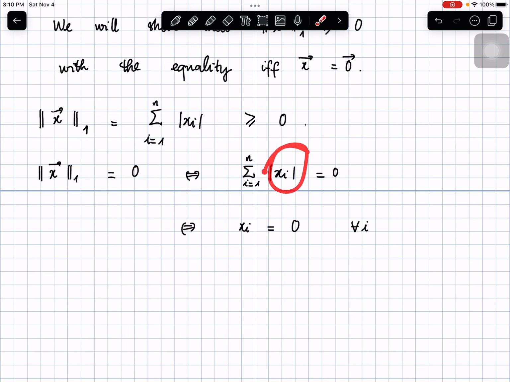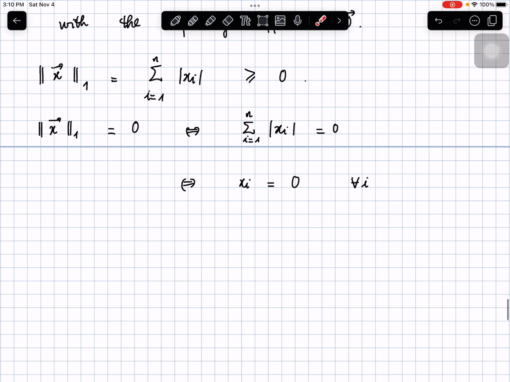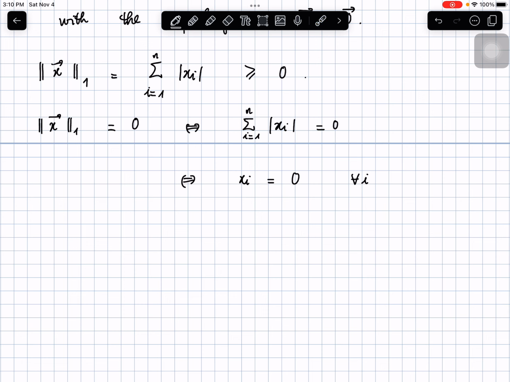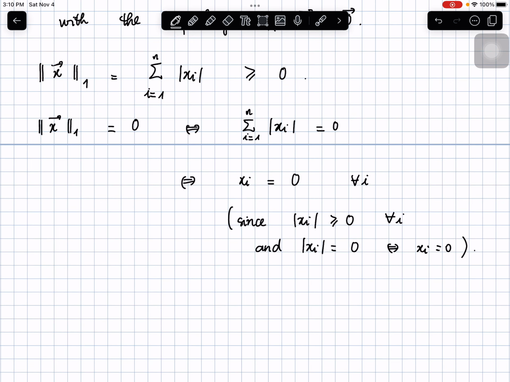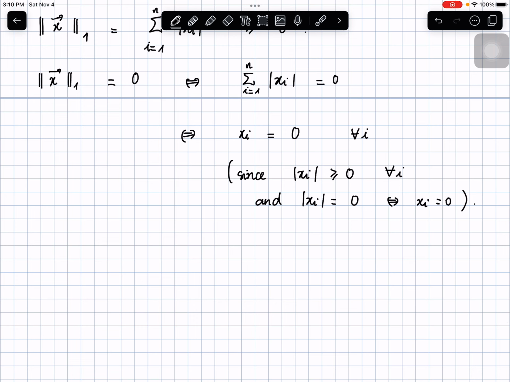This is the reason, because the absolute value of xi is non-negative, and the sum is 0 if and only if they are all 0. And absolute value of xi equal to 0 if and only if xi equal to 0. Okay, so condition 1 is done.